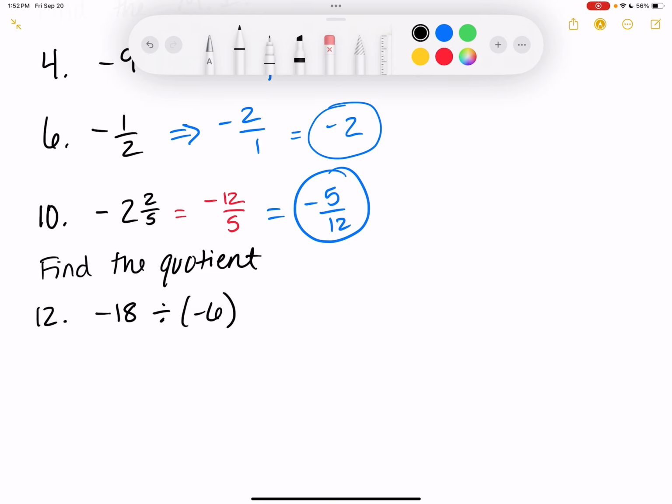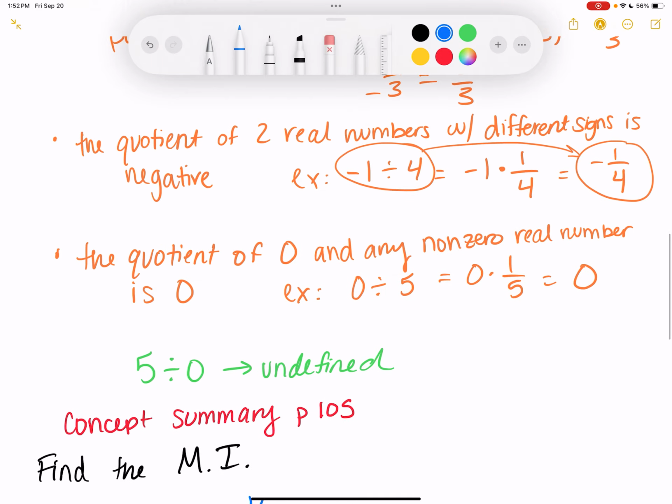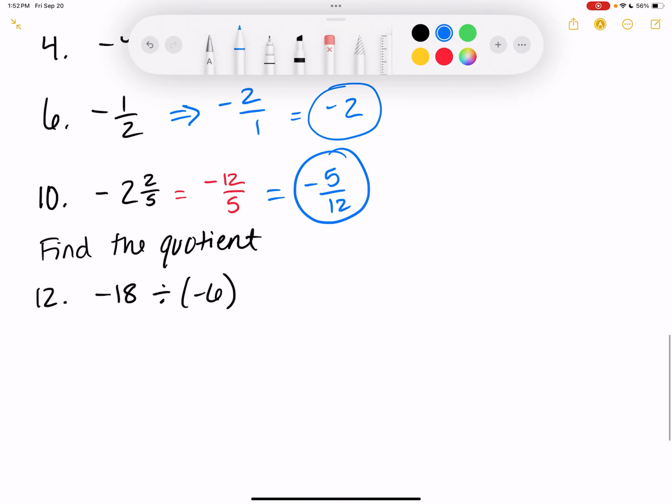I won't usually write it as a multiplicative inverse like I was doing up here. I will usually go straight to this and then reduce if necessary or fix the signs after that. So I will typically write it like negative 18 over negative 6. And then what would that reduce to?